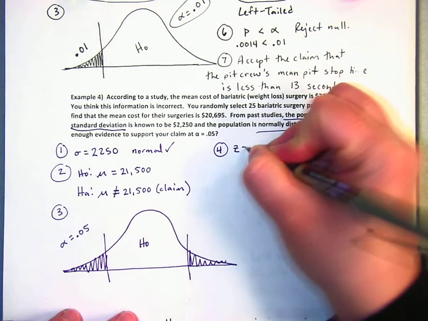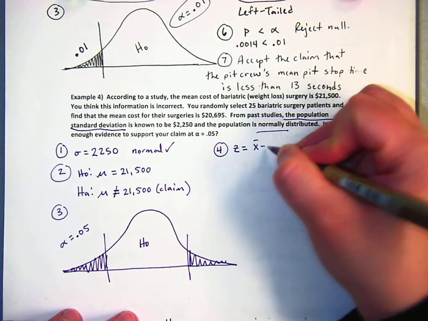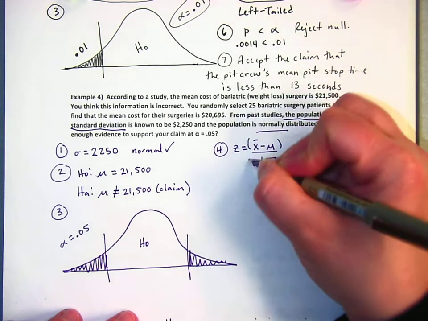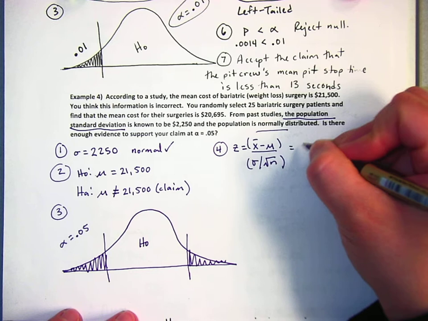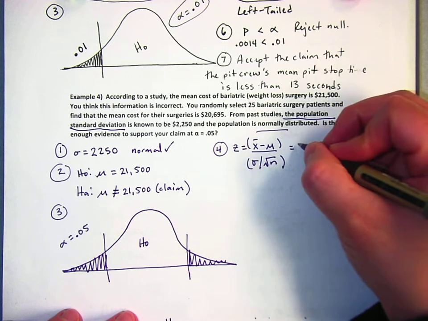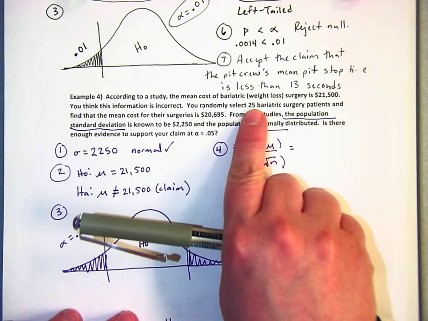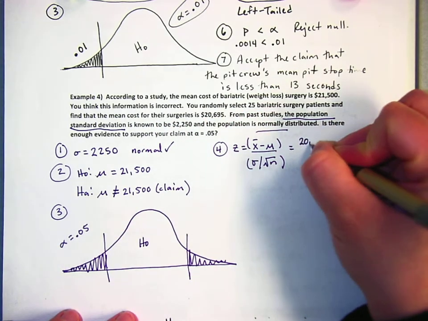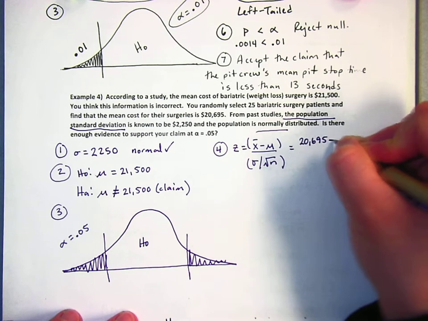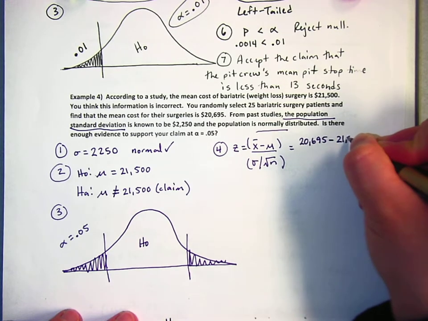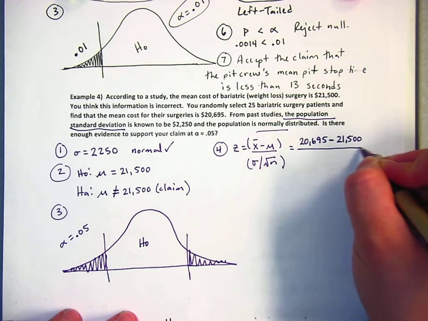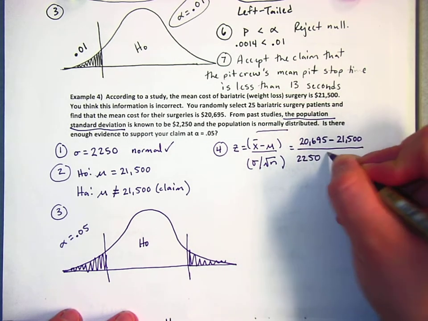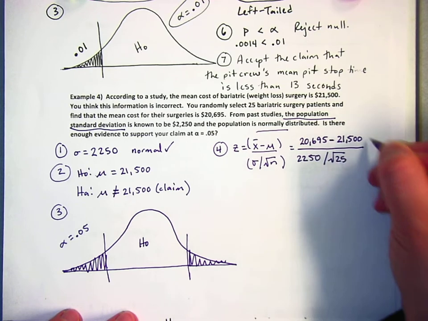Next thing I'm going to do is find a z-score, x bar minus mu over sigma divided by the square root of n. Make sure you got your parentheses in there. That is equal to, in this case, let's see, I randomly select this many, there's my n, the mean cost, that's my x bar, so 20,695 minus my claim, 21,500, divided by sigma 2250 divided by the square root of 25.